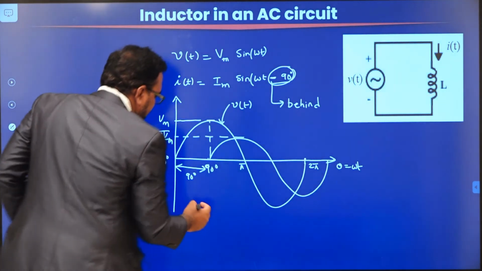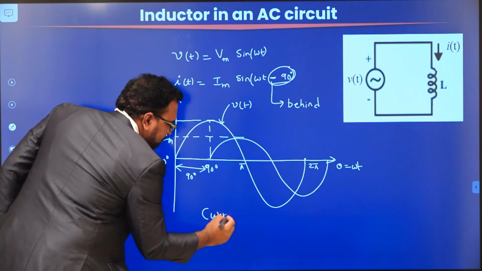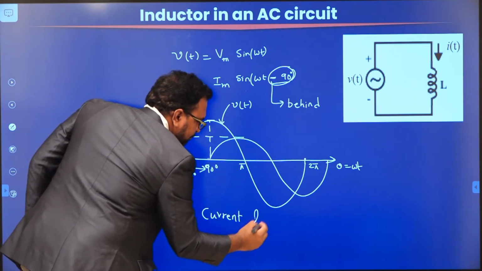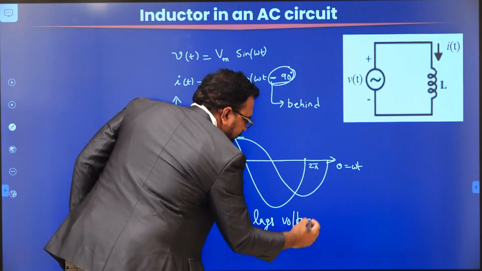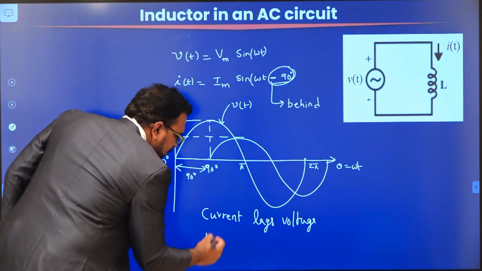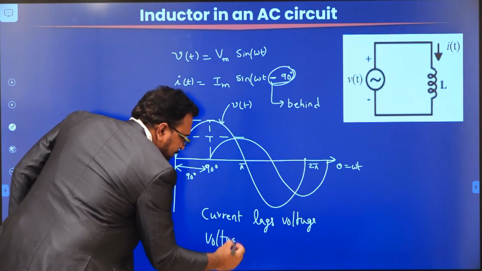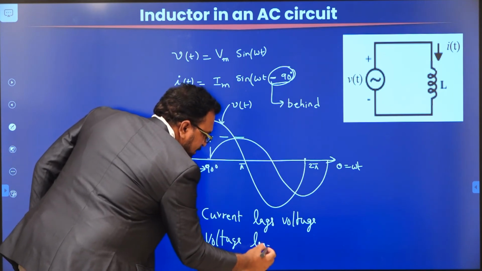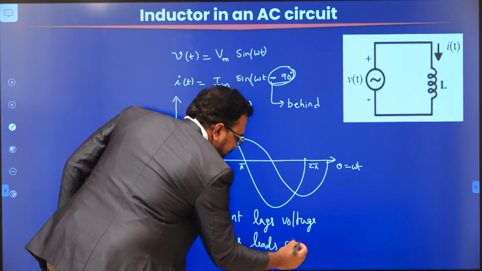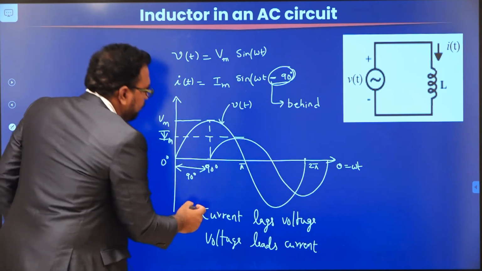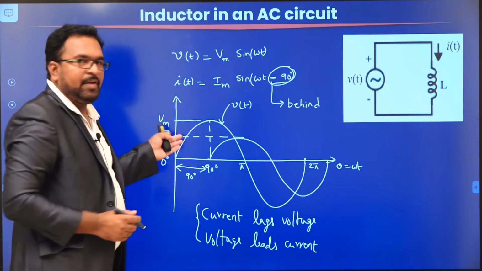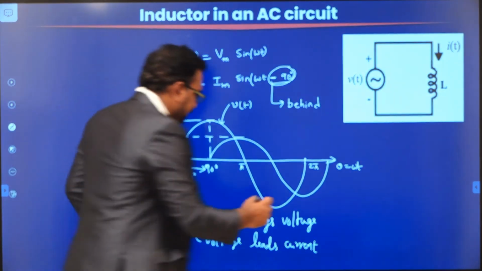So here the current in an inductor lags voltage, or the voltage in an inductor leads current. So these are the two ways of expressing the phase difference between voltage and current in an inductor.